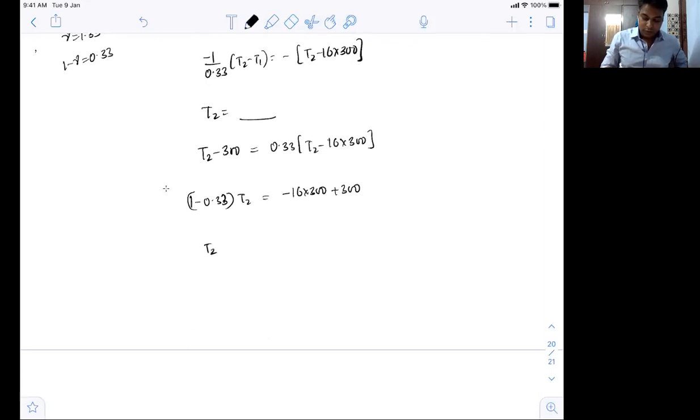So T2 here is coming out to be minus approximately 0.66 into T2 is equal to minus 17 into 300. Okay.